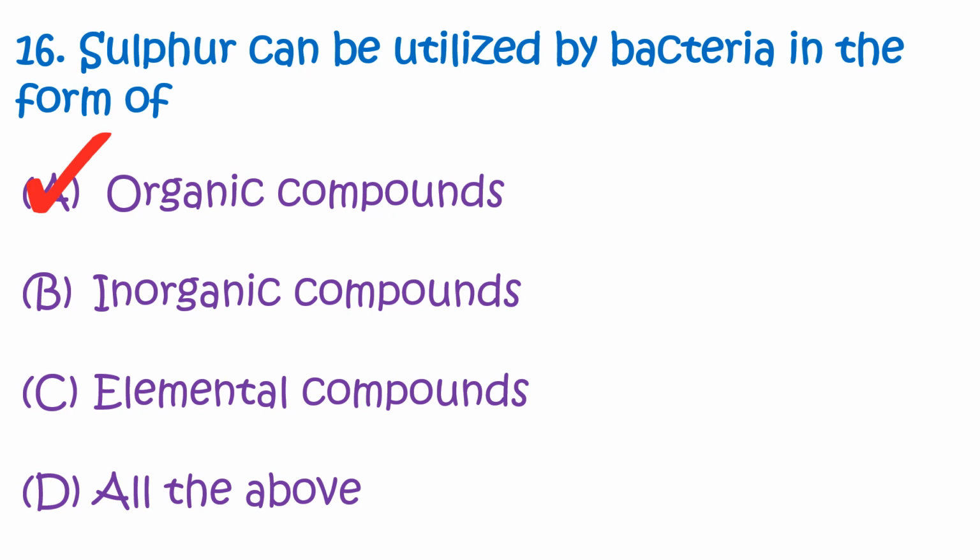Normally the bacteria can utilize only the organic compounds, and there is one more group called sulfur reducing bacteria, which is specifically used to synthesize sulfur from the inorganic compounds. Otherwise normally the bacteria can use only the organic form of sulfur.